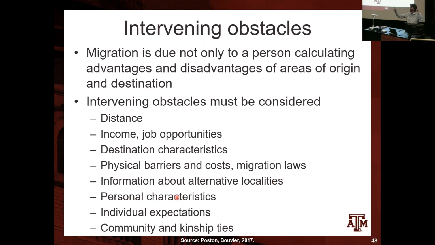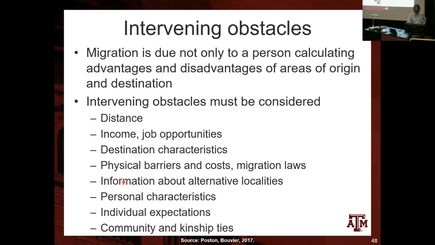I might have a better social network, and that will increase my chances of migrating to other areas. And also, even people with the same socioeconomic characteristics might have different expectations. So individual expectations might also be important to understand it.